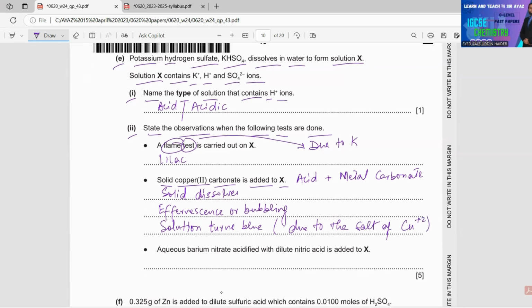Aqueous barium nitrate acidified with dilute nitric acid is added to X. Now barium nitrate is used to test the presence of the sulfate ion, and it will give a white precipitate. So I'm going to write white ppt here.